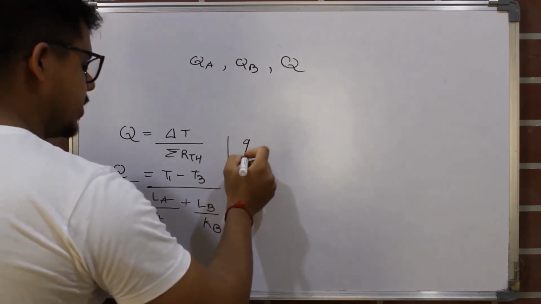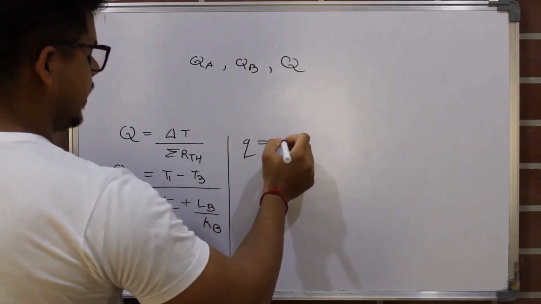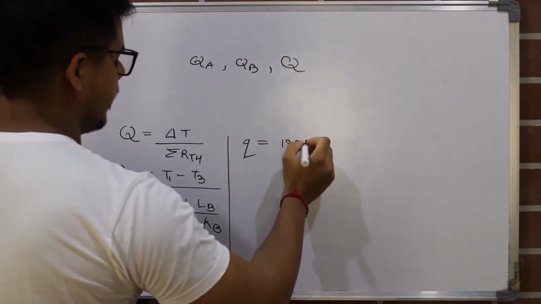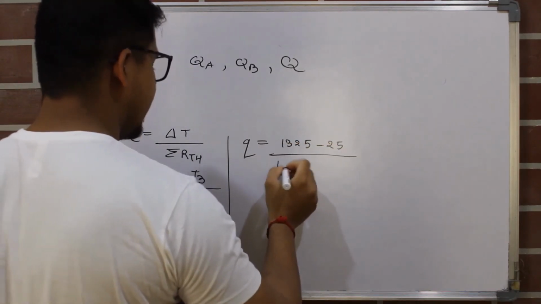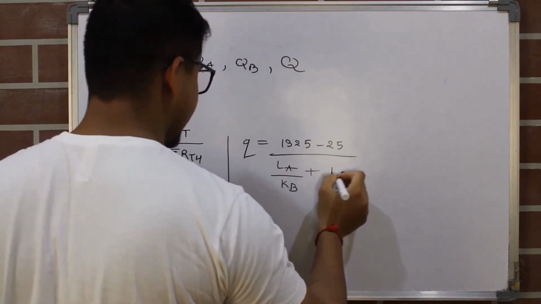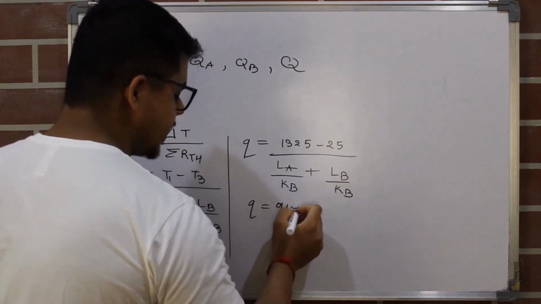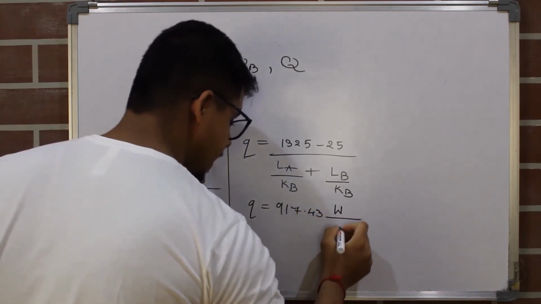So we will get small q equal to 1325 minus 25, substitute the values of LA, LB, Ka and Kb, and you will get the answer. So you will get 917.43 watt per meter square.